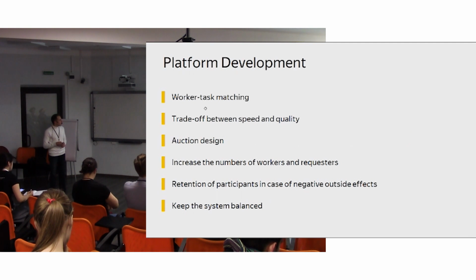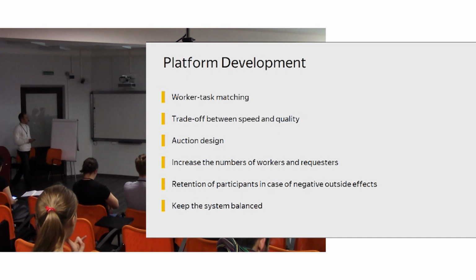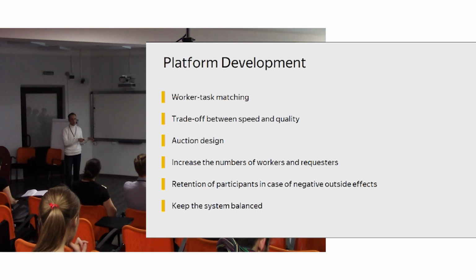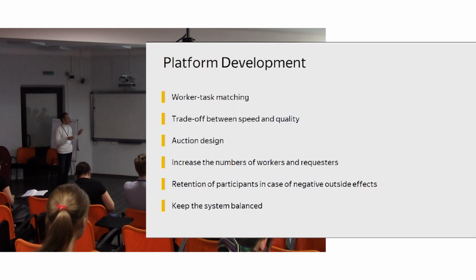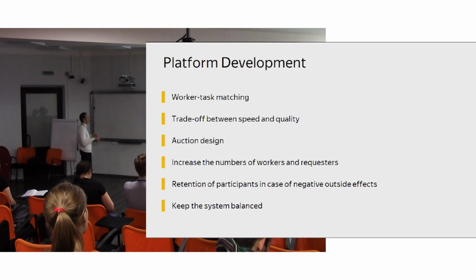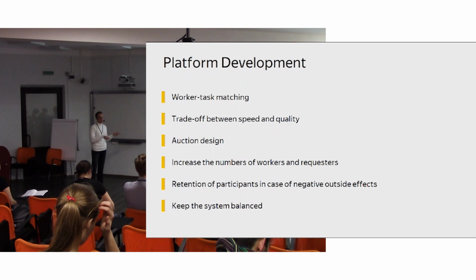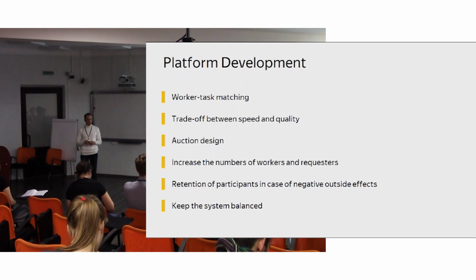For example, from the side of platform development, the most important task, of course, is how to allocate tasks to workers, how to match tasks to workers so that the common wealth, the whole system wealth, will be maximized. And now it is not done in any way. There are some restrictions, but basically any worker can pick any task and start working on it. And there is no recommendation system.